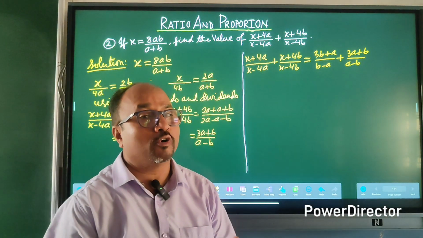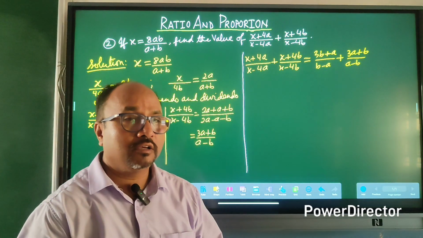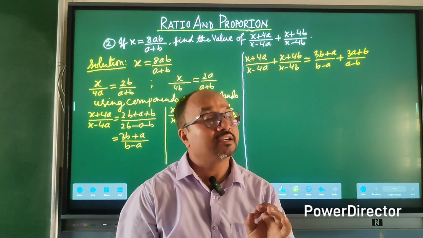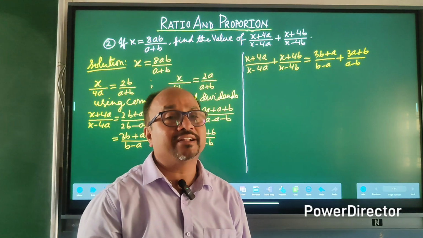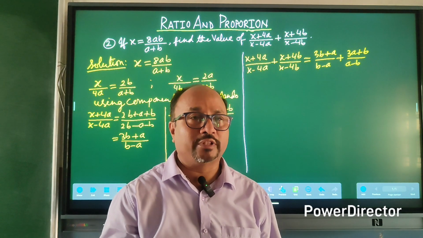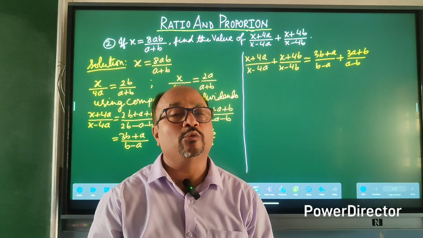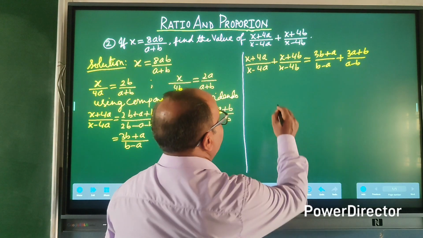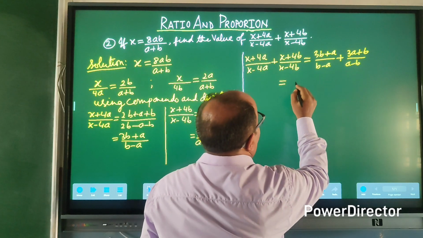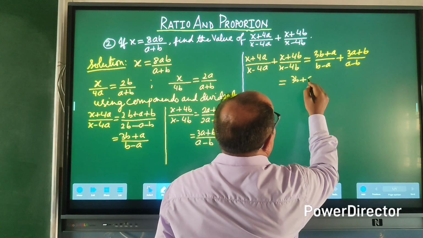Now comes a very important part of simplification. You take a look at the denominator, the terms are same but the signs are different. So you have to get the signs same in both, so that the same term comes in the denominator, LCM will be easier, it will be that same denominator. So what we do here, the first part is copied as it is.